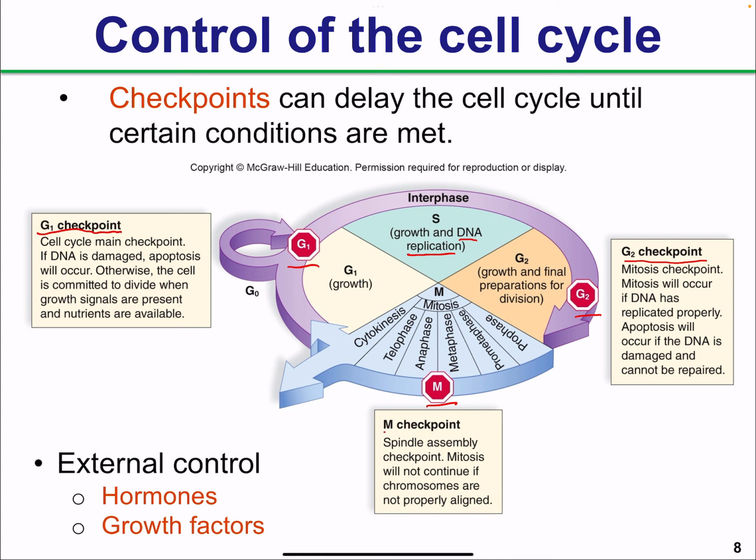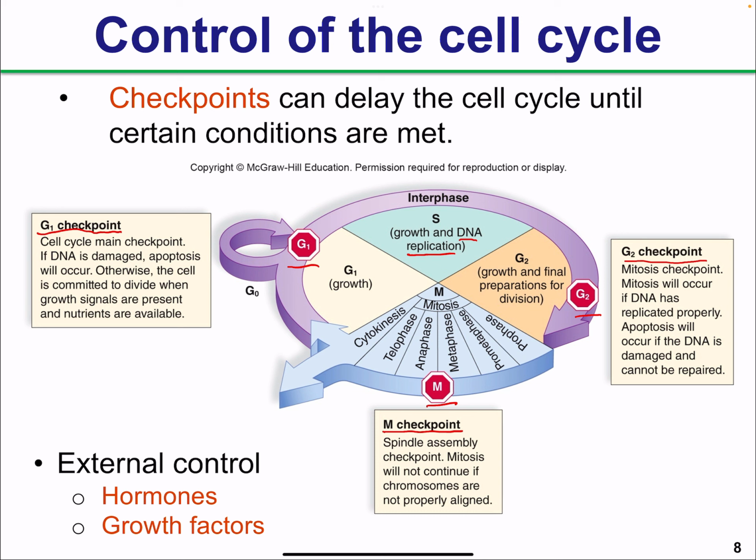And then we have the M checkpoint, or mitosis checkpoint. That M checkpoint is where the cell is verifying that all the centromeres have a mitotic spindle attached to them, because the mitotic spindles, as they attach to the centromeres, are the ones that are going to allow an equal distribution of the genetic information in the two future daughter cells.